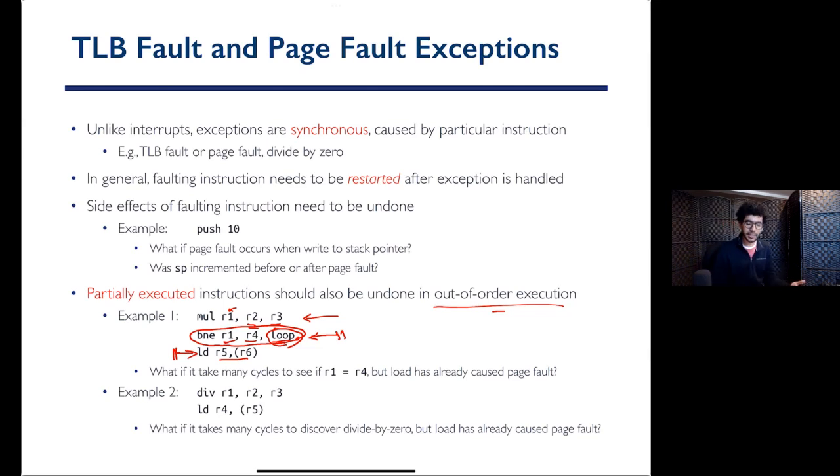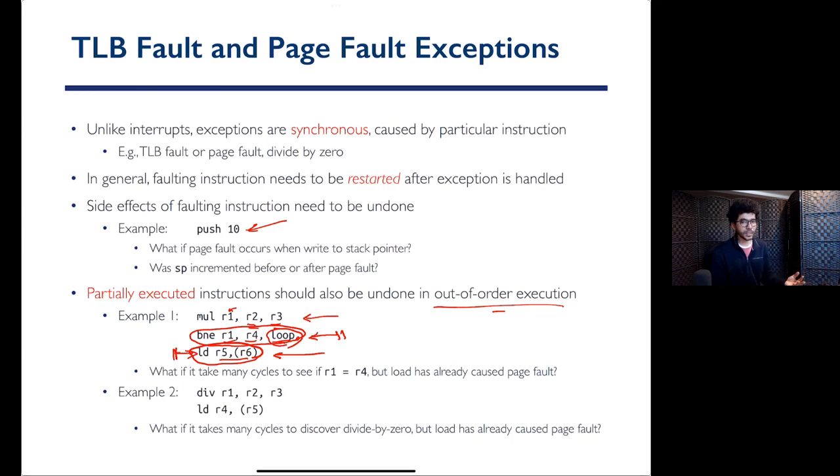Now, why am I spending time talking about these? Because the same thing that happened with this push instruction that we talked about could happen with this out of order instruction. So what if this load here that we executed by just predicting that this branch is not taken, what if this load causes an exception?